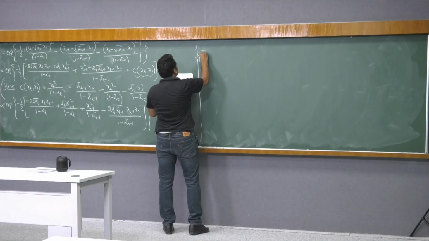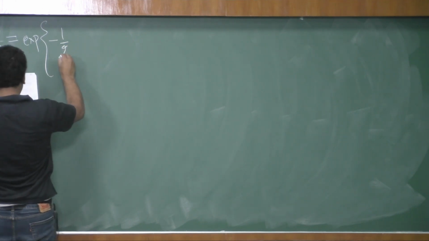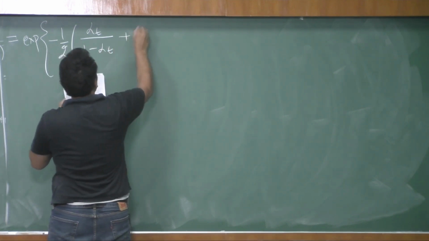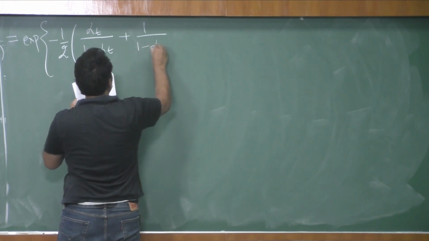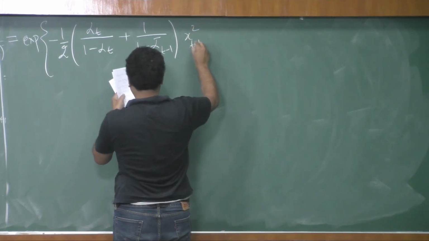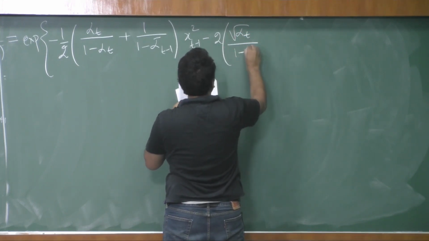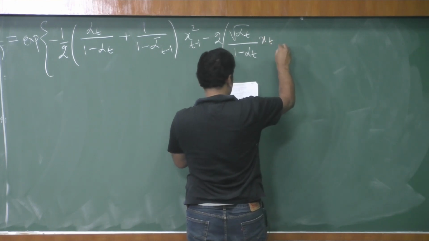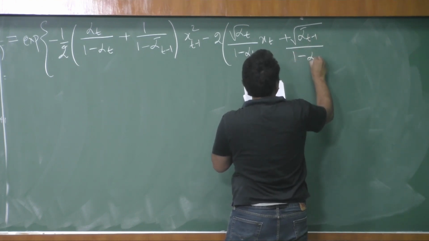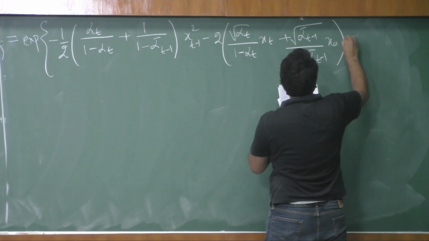So we have equal to exp of minus half, and then alpha t divided by 1 minus alpha t plus 1 by 1 minus alpha bar t minus 1, and this is xt minus 1 squared, minus 2 of square root of alpha t divided by 1 minus alpha t, and then this is xt, plus square root of alpha bar t minus 1 divided by 1 minus alpha bar t minus 1 x naught, and then this was with xt minus 1.